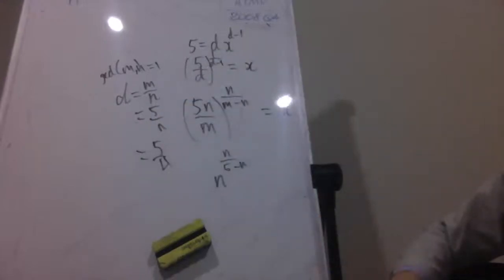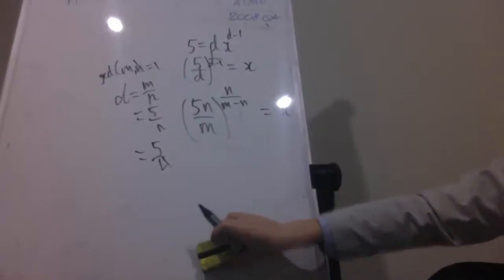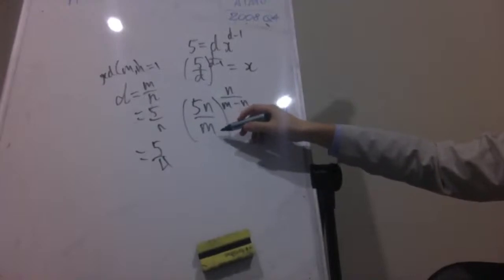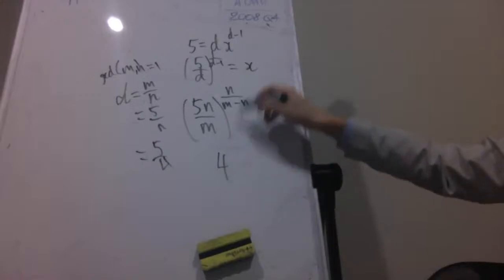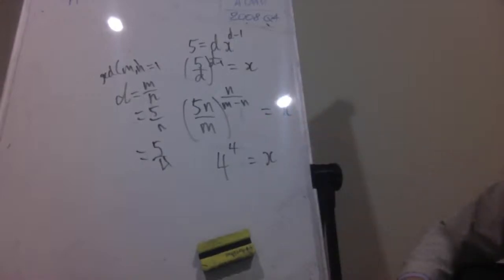So what does that give you though? Oh, I shouldn't have erased that. Sorry. So 5 over 4, so that's 4 to the power of 4. So it actually works. That's 16, no, 256 to 5.